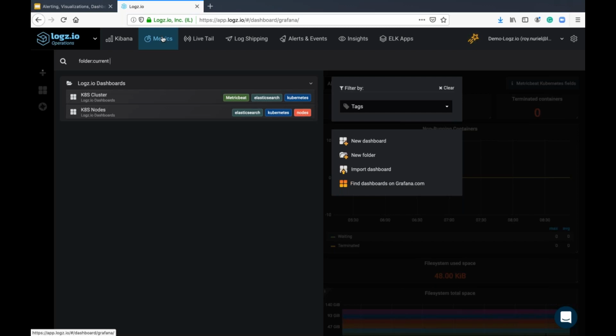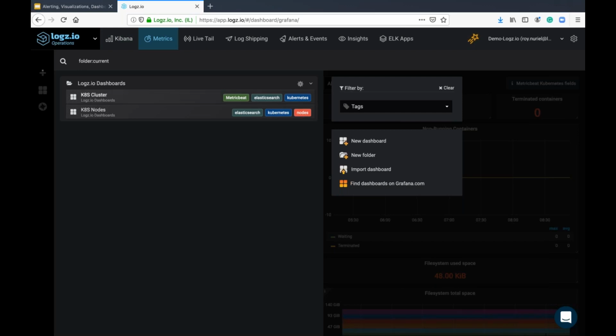Obviously, there are other solutions available in the market, but in this case we ship the metrics with Metricbeat. Everything is sent and indexed into our Elastic. We found it addresses some of the scalability issues that Prometheus struggles with, especially when you start to send metrics at scale. This is the Grafana hosted view.